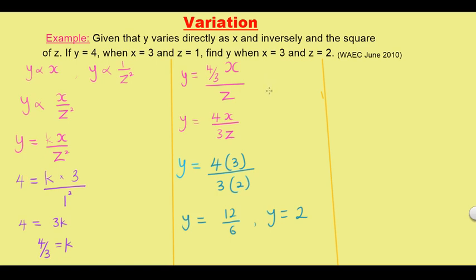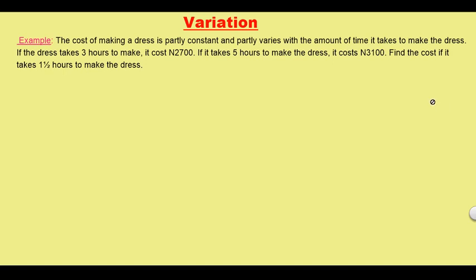Alright, let's take another question to better broaden our understanding of this concept. This question says, the cost of making a dress varies partly constant and partly varies with the amount of time it takes.